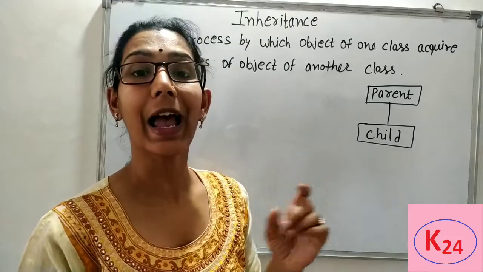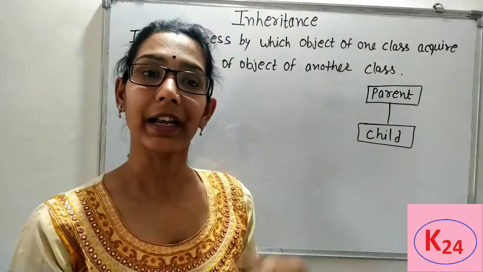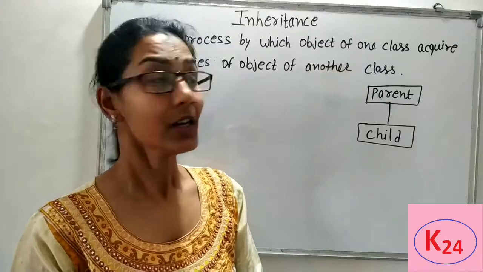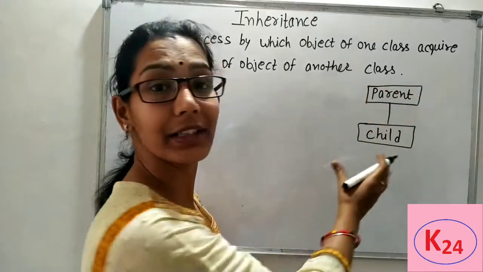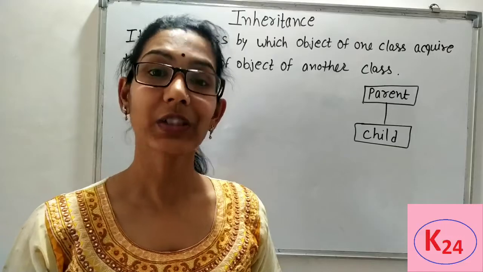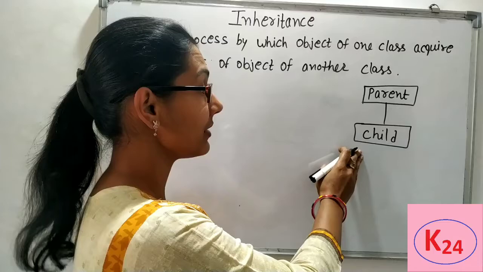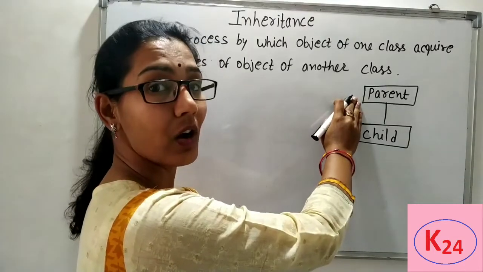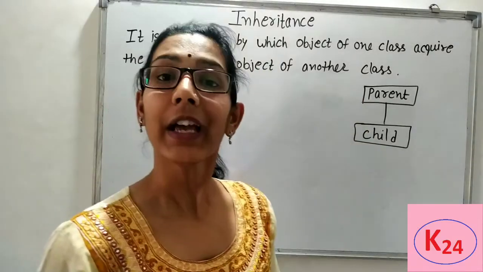Every child has some characteristics which come from the parents, and again parents have some characteristics which come from the grandparents. So this is inheritance. It maintains the relationship as a parent-child relationship. The principle behind this is that each derived class shares some properties of the superclass or adds extra features in the child class. So this is the concept of inheritance.